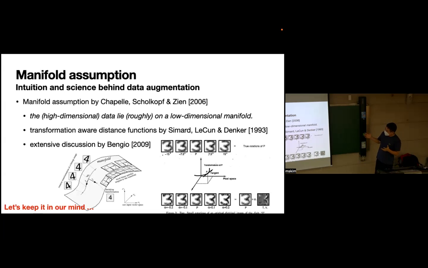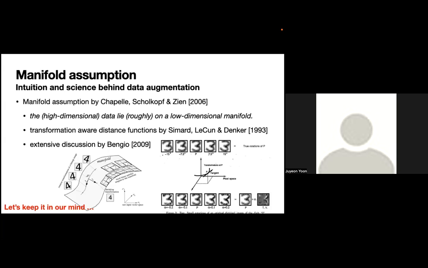What it says is that even though the data that we work with tends to be in a very high dimensional space, or equivalently a space whose volume is just gigantic, in reality the real data points that we observe or are interested in often lie in a very low dimensional subspace.